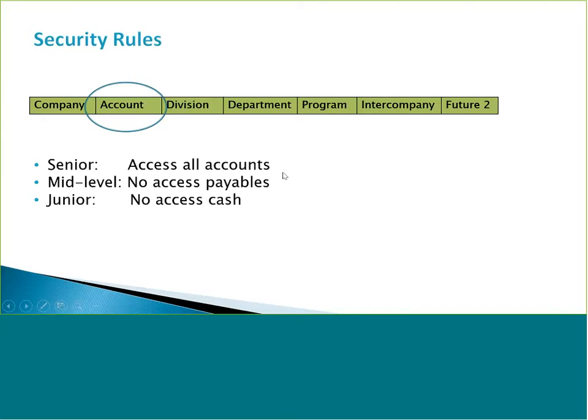So what would a scenario where we are using security rules be like? Just like we saw when we were talking about restricted access with data access sets, we can have groups of users, and we want to give various levels of access to these users, maybe depending on their seniority. So we can say, for example, that senior accountants can access all the accounts.